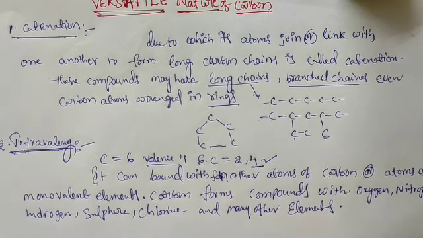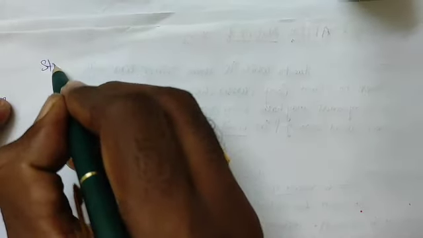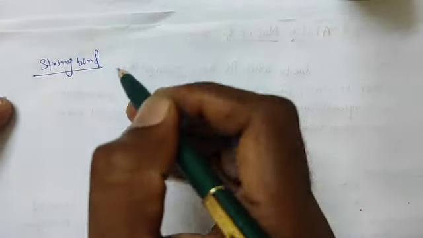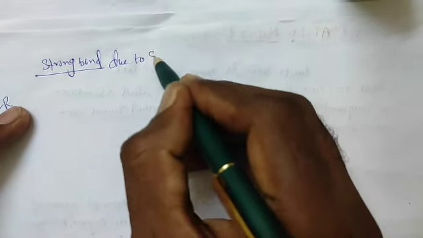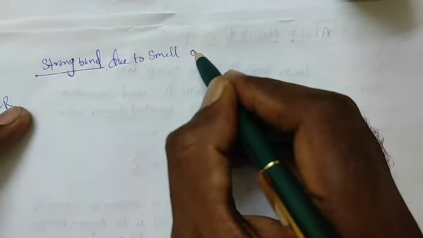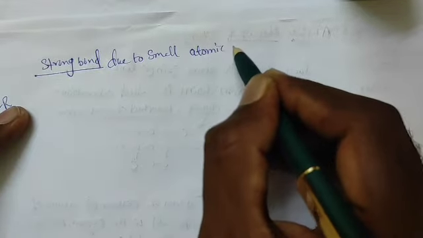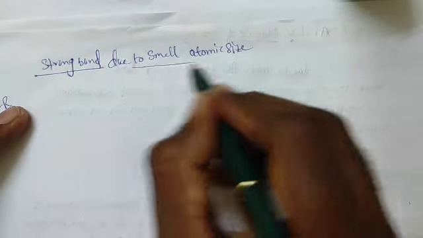Next, strong bonds due to small atomic size. Carbon has strong bonds, no? Because of its small atomic size.